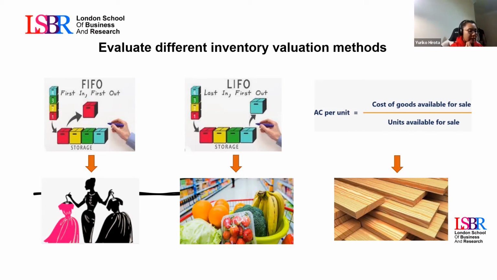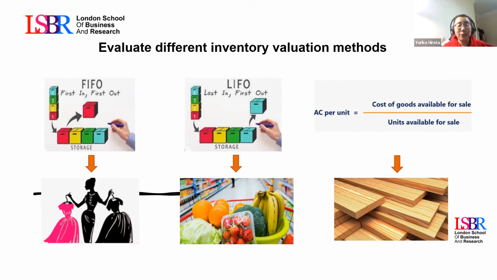Why am I giving you the example of clothes? What would be the most effective inventory valuation method? Because imagine the trends during the year. Probably the clothes that you buy in summer are different from the clothes that you buy in spring or in winter. So first in, first out means you need to sell the first products or clothes in spring. For example, imagine a very light t-shirt.